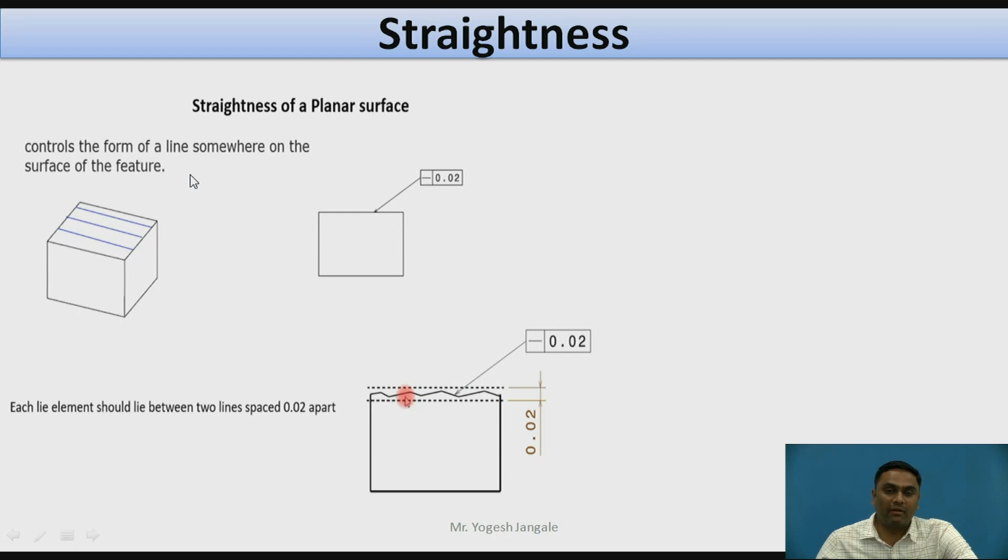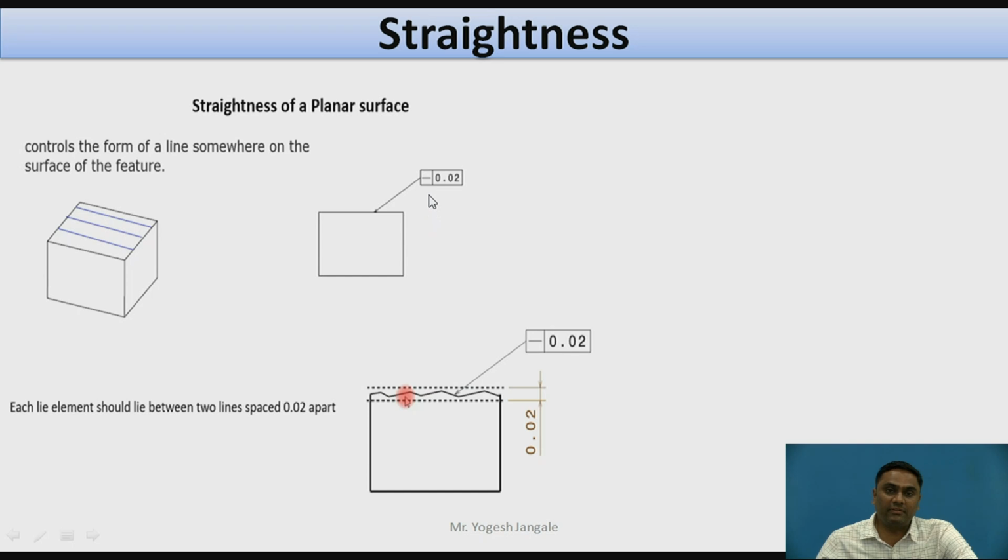Simply, if I want to maintain the straightness of edges on the part, then the straightness symbol is used. You can see in the cube over here, these are the lines along with these references. Simply, it is going to be checked whether the specified edge is straight or not.